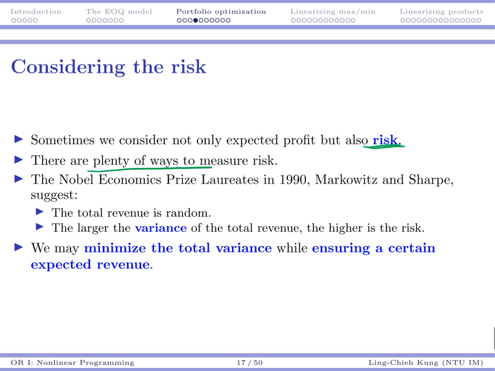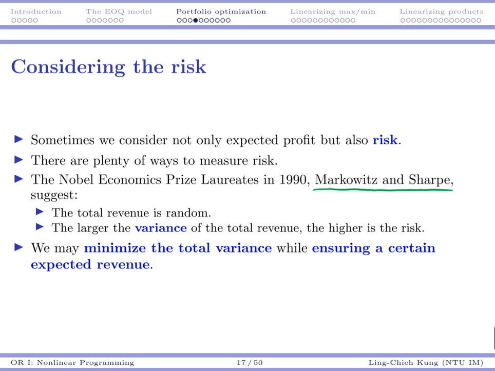There are plenty of ways to measure risk. Some Nobel Economics Prize laureates, for example Markowitz and Sharpe, suggest that if the total revenue is random, and typically we don't like randomness, we would use the variance of the revenue to denote the amount of risk.